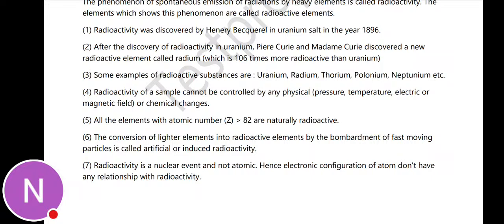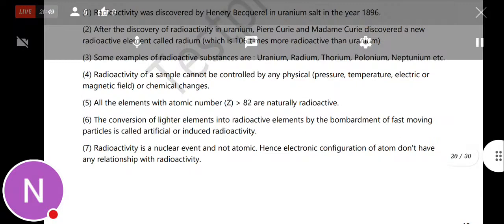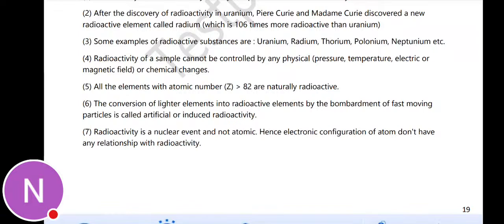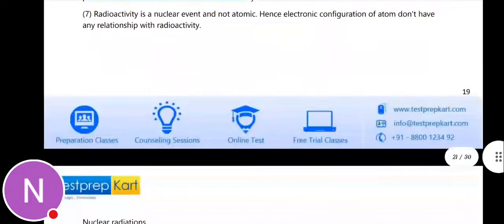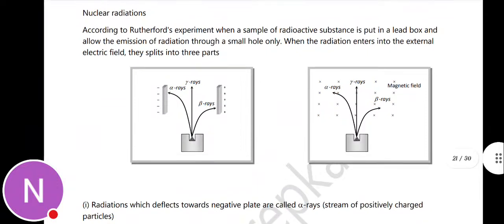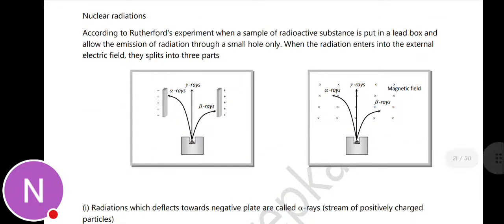The conversion of a lighter element into a radioactive element by the bombardment of fast moving particles is called artificial or induced radioactivity. Radioactivity is a nuclear event and not atomic, so the electronic configuration of the atom has no relationship with this concept.